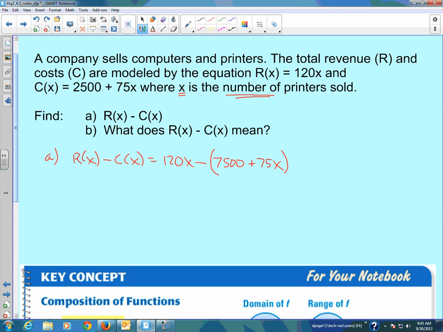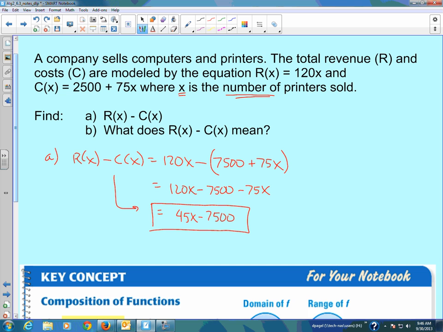And that means I'm distributing that negative through. I get 120x minus 2,500 minus 75x, or 45x minus 2,500. So there's what your r of x minus c of x is going to look like.